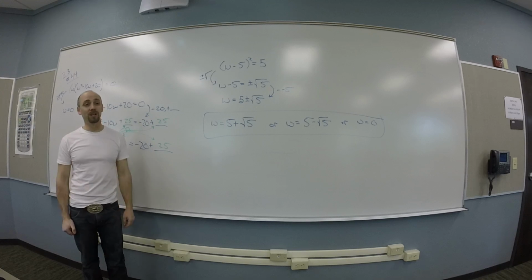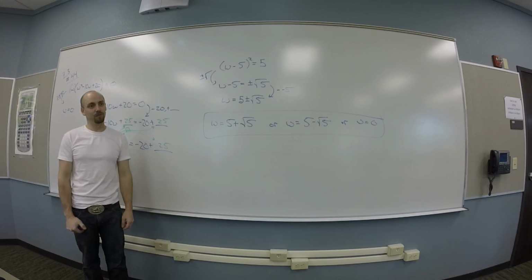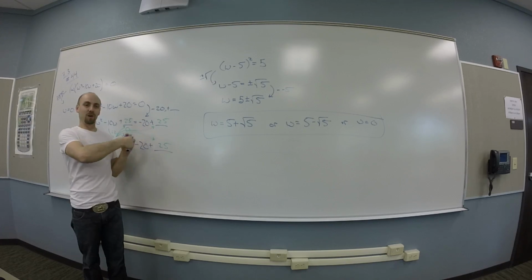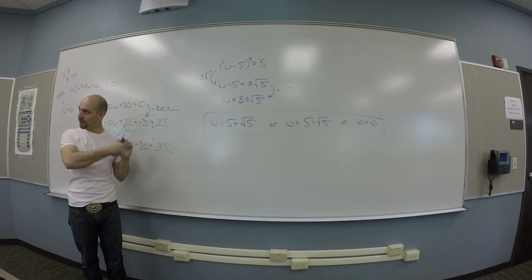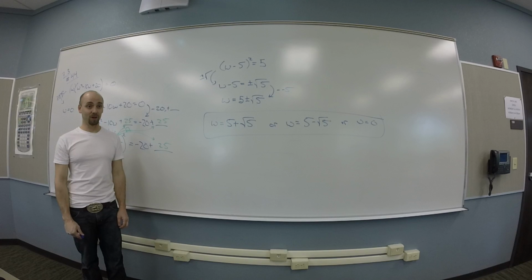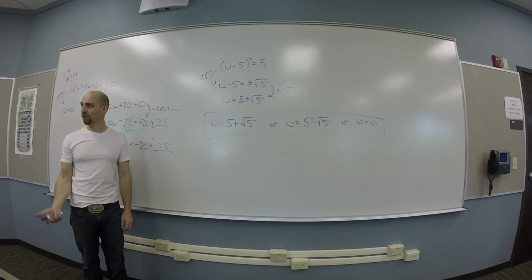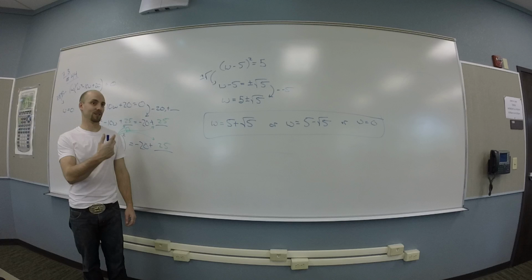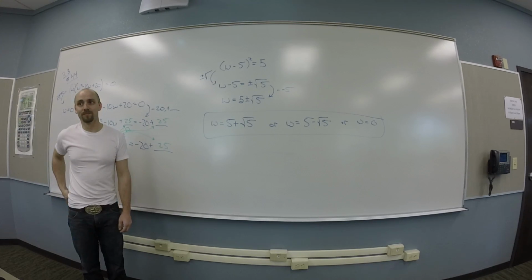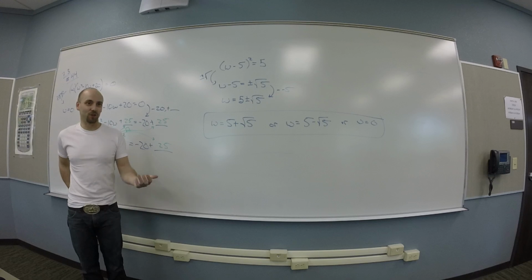That's true of whatever powers. Whatever the highest power is will be how many roots you get. It makes solving polynomials really predictable. There's a really cool thing called Newton's method that does this using a little bit of calculus, but that's how a computer does it. And it knows when to stop because there's only so many.